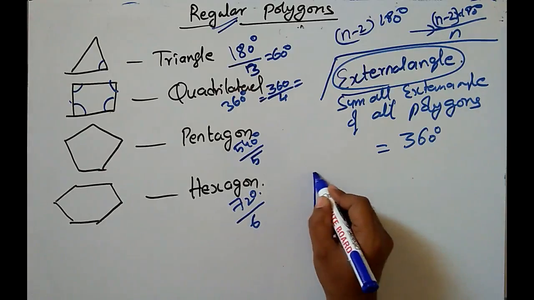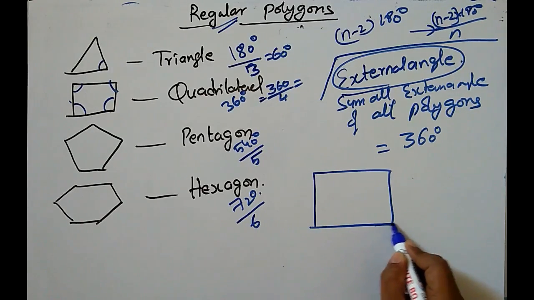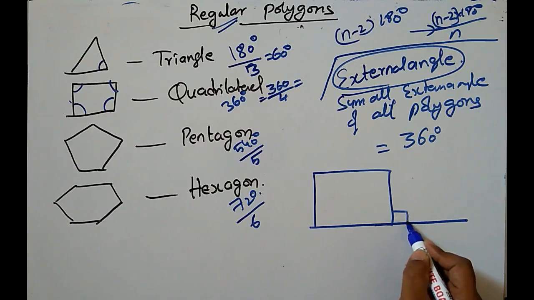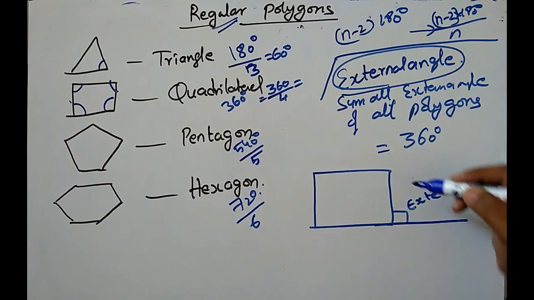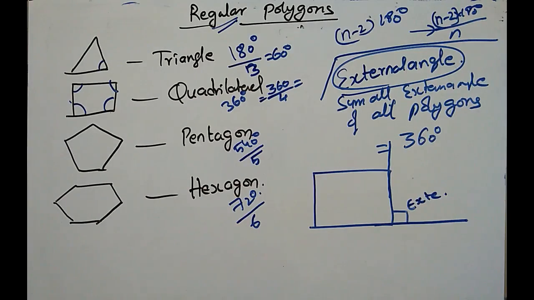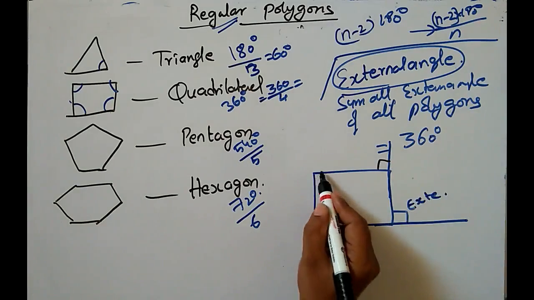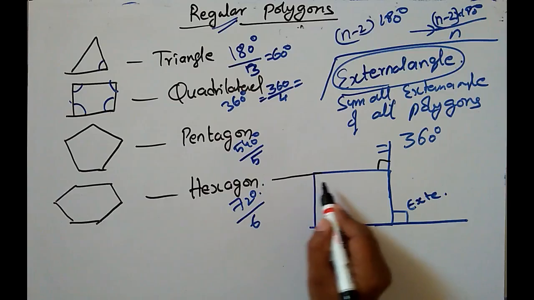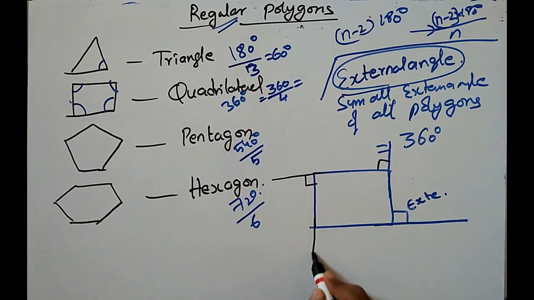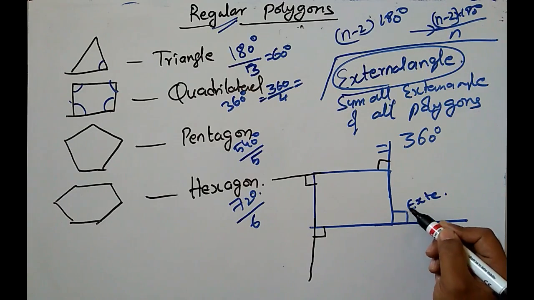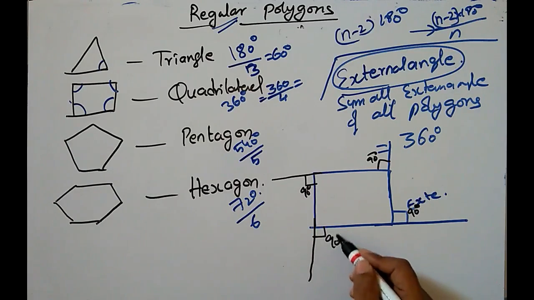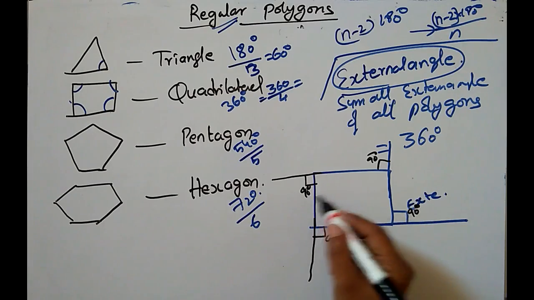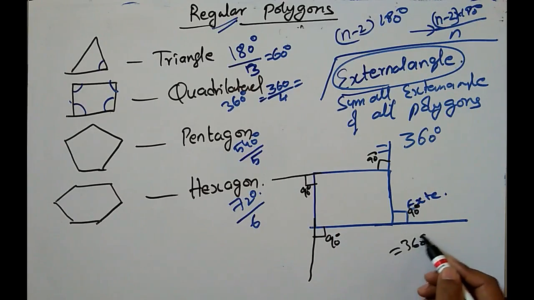For a quadrilateral, if we extend one of the sides, this is called an external angle. In the same way, if we extend this side, we will get an external angle, and if we extend this side, we will get an external angle. Here you can easily count: this is 90 degrees, 90 degrees, 90 degrees, 90 degrees, which is nothing but 4 90s equal to 360 degrees.